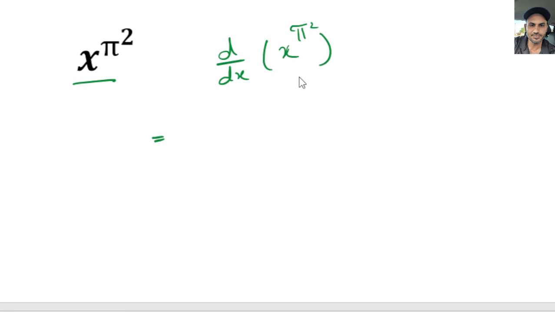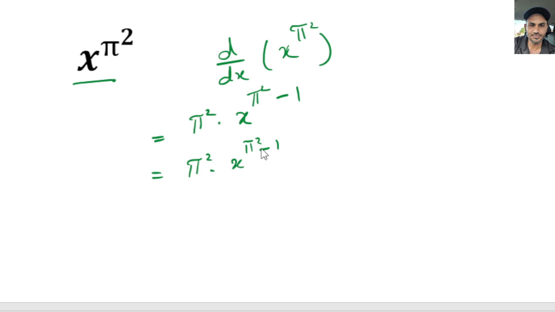Now let's go ahead and apply this. So pi squared becomes a coefficient in front, times our variable x, and then we have pi squared and we subtract 1 from it. So our answer is pi squared times x to the pi squared minus 1.